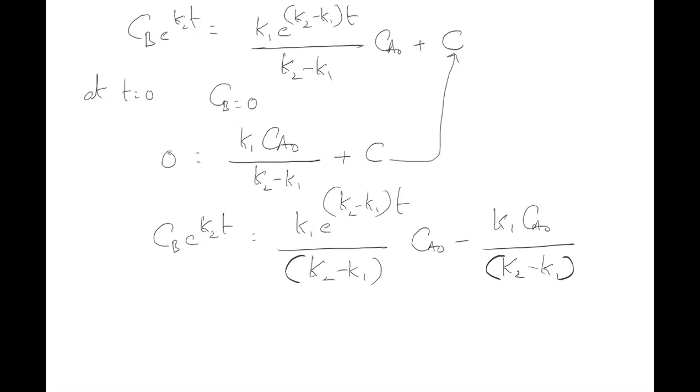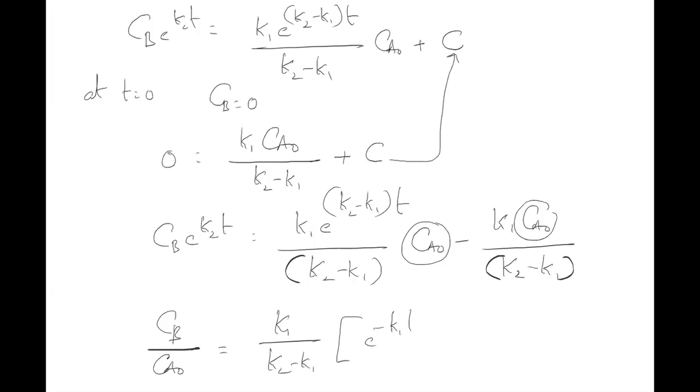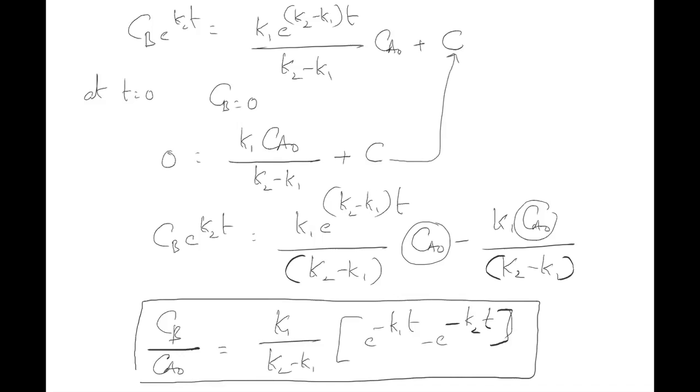If you send e power k2t to the other side and bring CA naught to this side, then what is left is CB by CA naught equal to k1 by (k2 minus k1) into (e power minus k1t minus e power minus k2t). This is the mathematical derivation, and this is CB as a function of time.